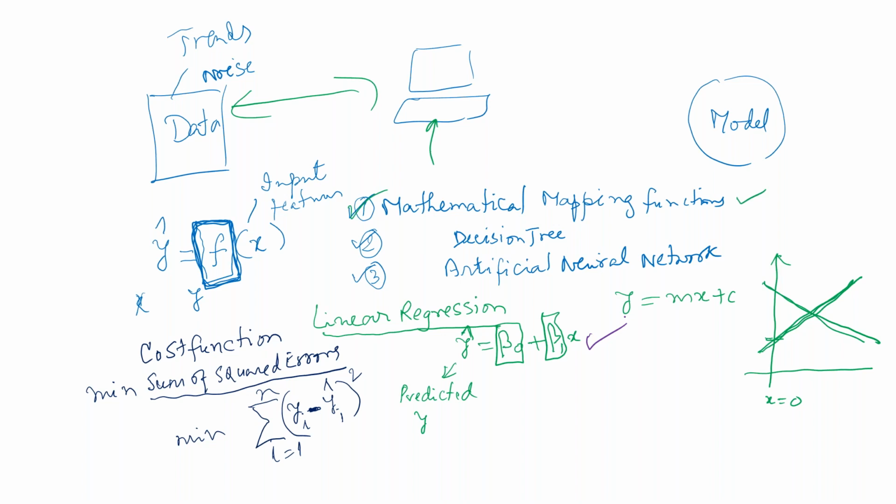So let us say I want to give it more flexibility by choosing a different linear regression model, but with polynomial terms for my input feature: beta 0 plus beta 1 x plus beta 2 x square. What you are doing here is increasing the number of features.